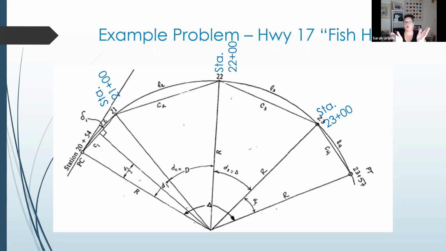So we go to whole numbers: 21 to 22, and the 20 plus 54 up to station 21. We know we have a little snippet there of 46 feet, and a little snippet on the other end of 57 feet. But if we can break it into nice, symmetrical, identical chunks, we only have to figure it once and then do the 2 ends. So really we're looking at 3 sets of analysis because we can just repeat that.